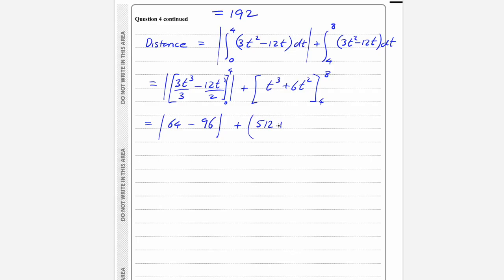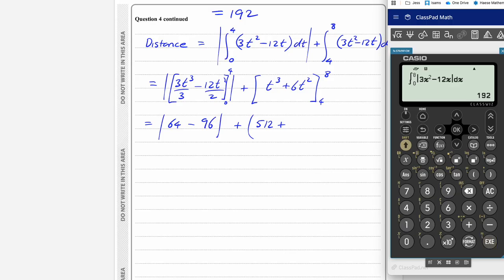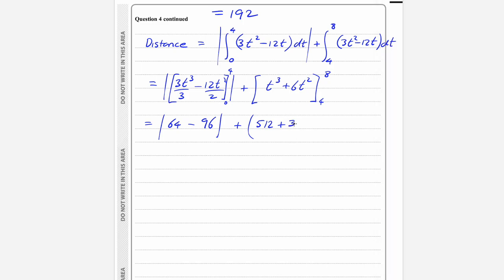512 plus 6 times 8 squared, 6 times 64. Okay, guys, who am I kidding? Let's just use a calculator. Okay, it's 8 squared, 64 times 6. 64 times 6 is 384, so that's 384.